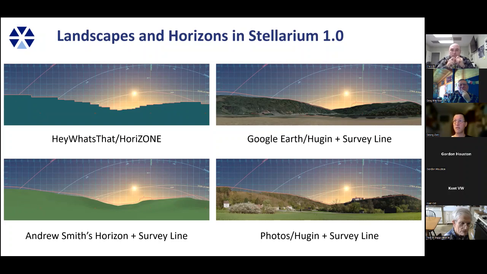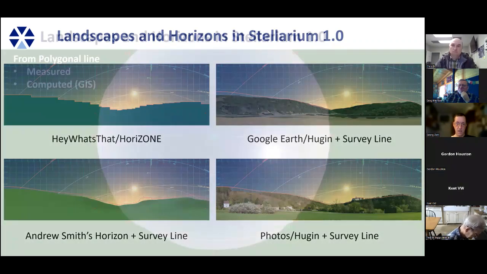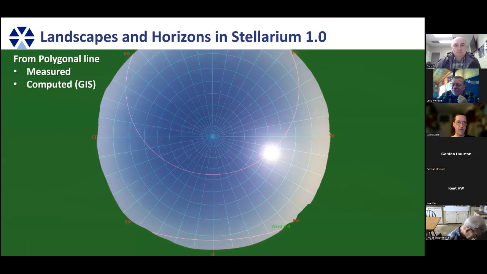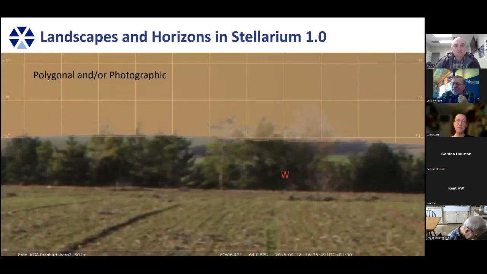The best way, of course, is if you make your own photographs together with a theodolite survey of a horizon polygon. You can combine those and make the most accurate panorama representation of your site that you can make. Again, this is a mixture of a photograph together with a measured polygon.